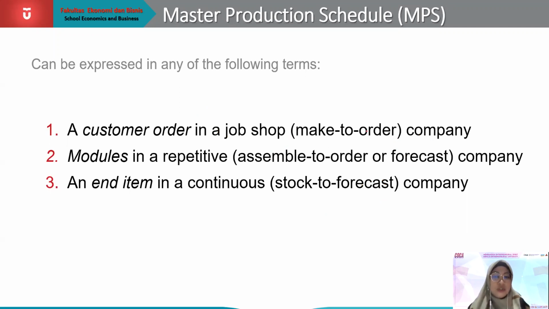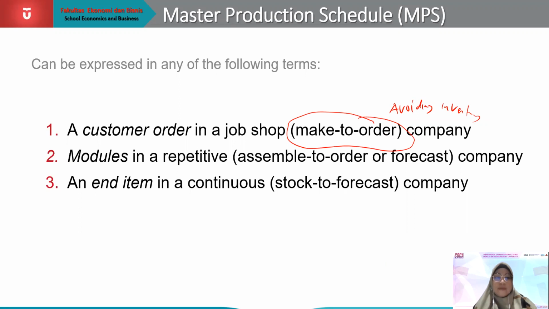So if the company chooses this kind of technique, it means that this company is avoiding inventory. This type of company doesn't want to have inventory, and maybe also because their product is something that cannot be stored.